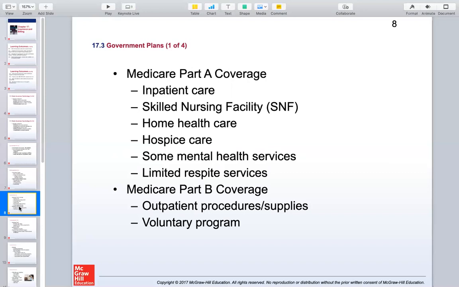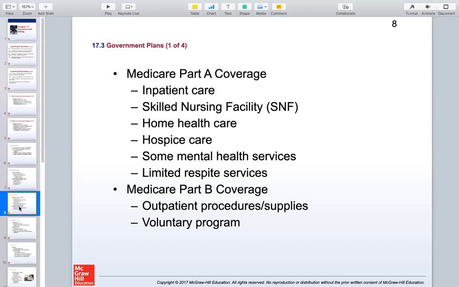So let's just start with Medicare. Medicare Part A coverage is for anything that has to do with inpatient care or around-the-clock bedside care, like skilled nursing facility, the nurse being at the home either around the clock or in shifts, so home health care. Hospice care, again, being round-the-clock bedside care.